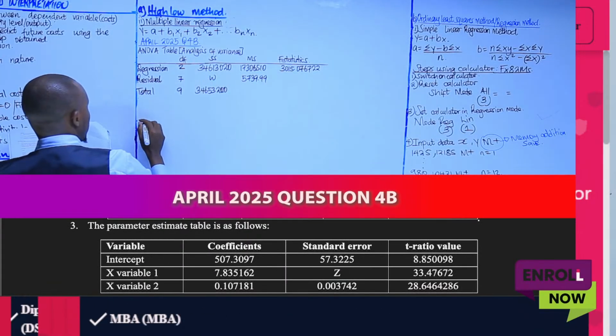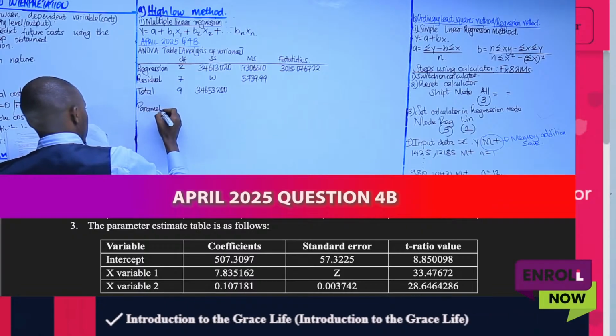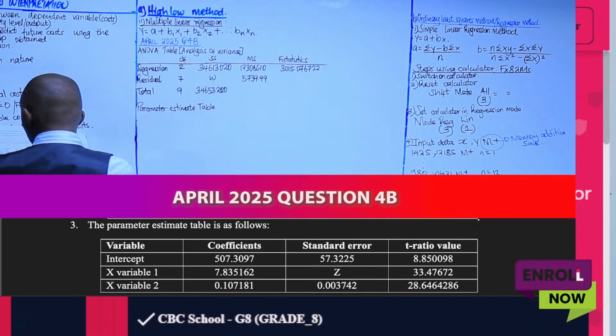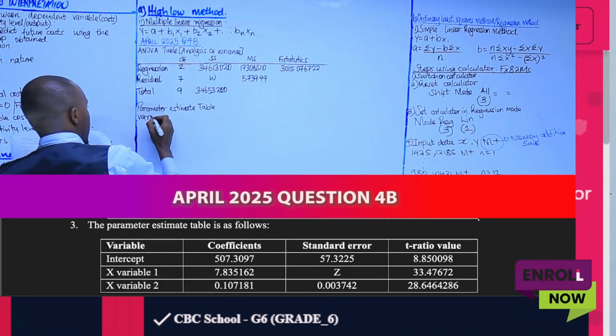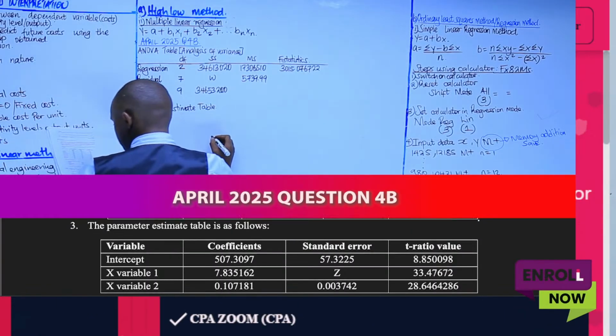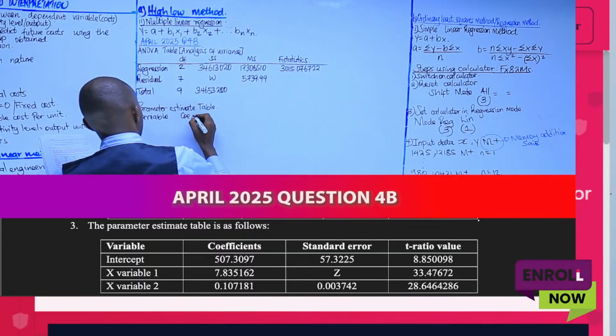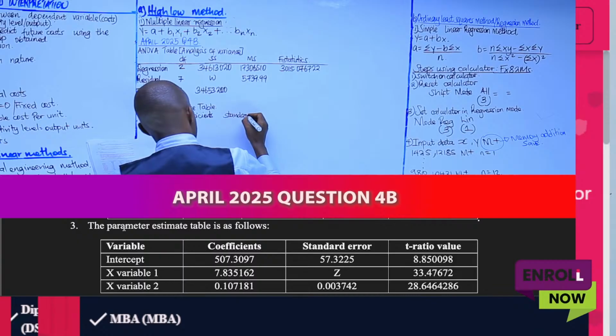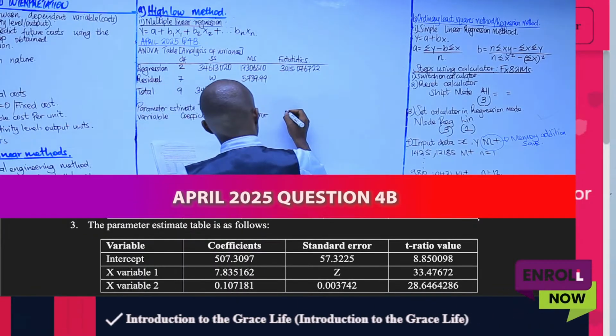Then you have your parameter estimate table. Before you deliver goods to a customer, you will have your variable. That delivery must be based on an order that was made by the same customer. The shipping documents should be pre-numbered.